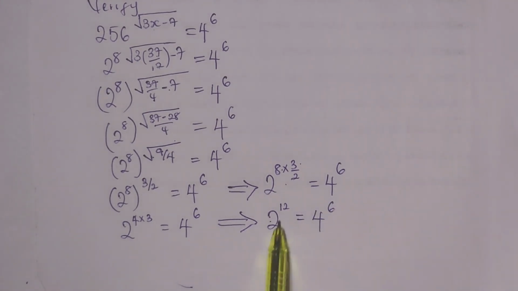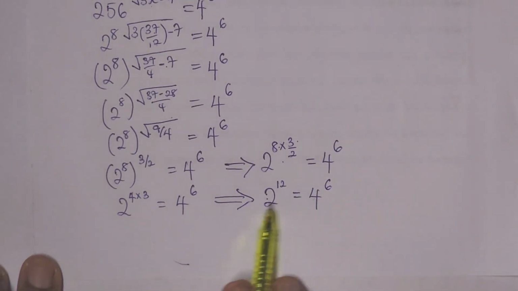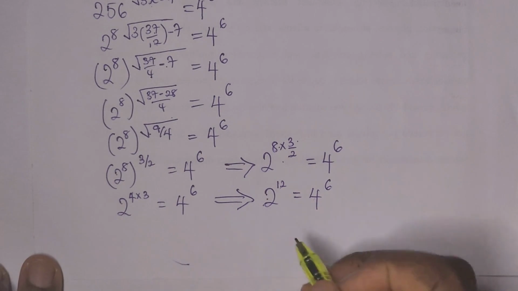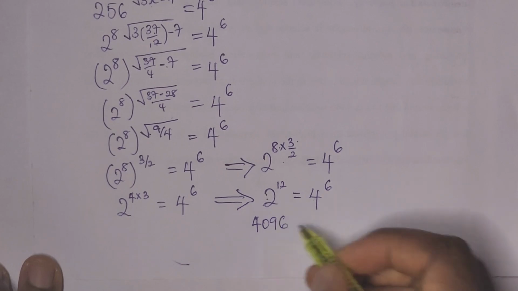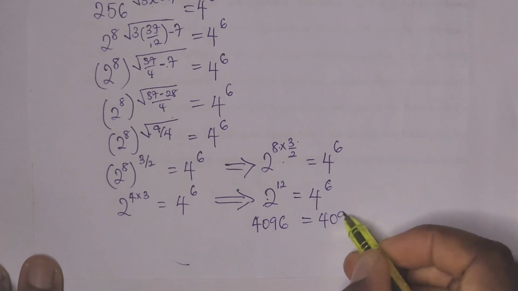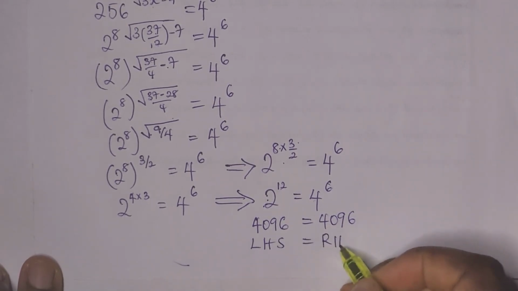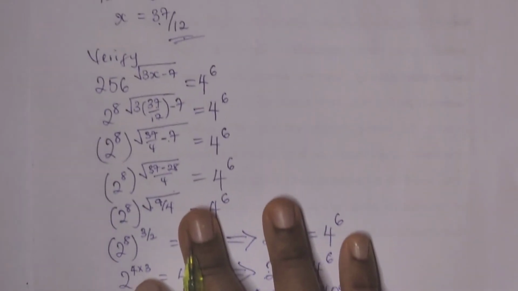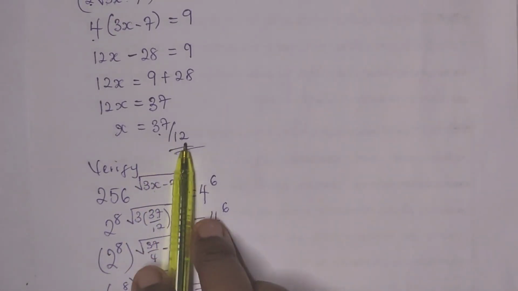And when you expand this, 2 to the power of 12 is 4,096. And when you expand this one as well, is 4,096. That means the left hand side is equal to the right hand side. Hence, our x is 37 all over 12.